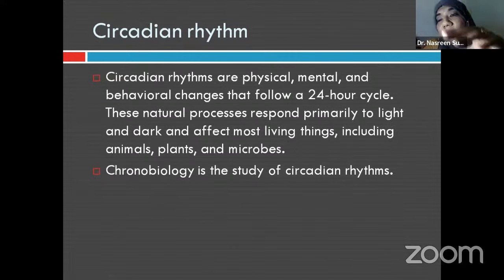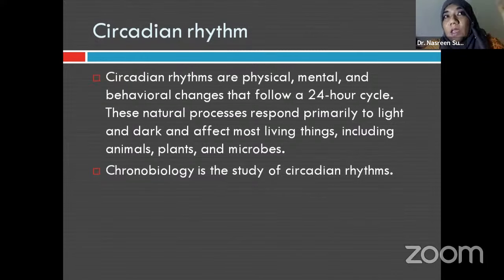If you have a habit of getting up at 4 o'clock, then you will get up at 4 o'clock. If you feel hungry in HAP class, then in every HAP class you will feel hungry, right? If you feel sleepy also, you will feel sleepy. So it is like how your body is adjusted to a 24-hour cycle.